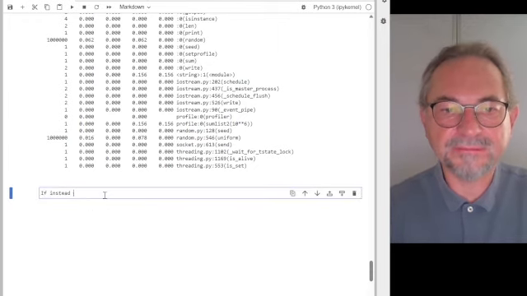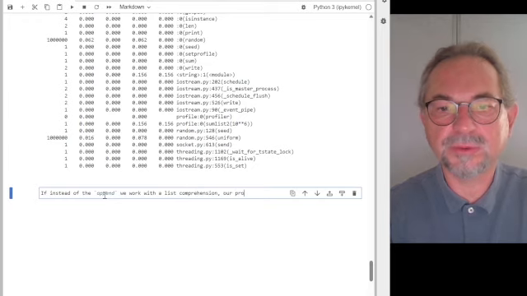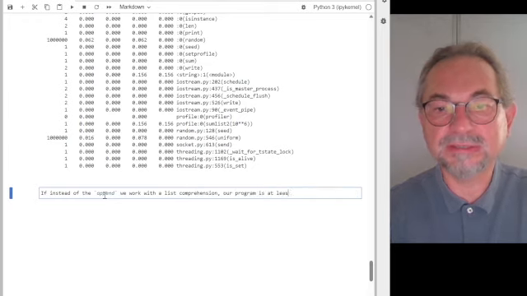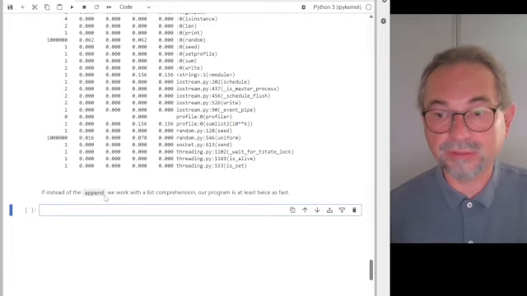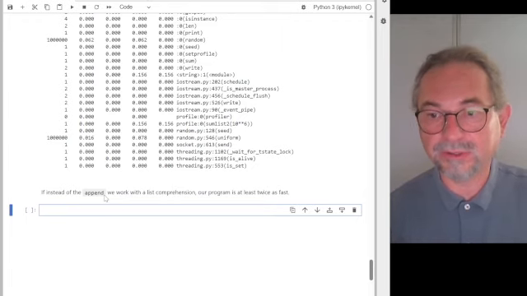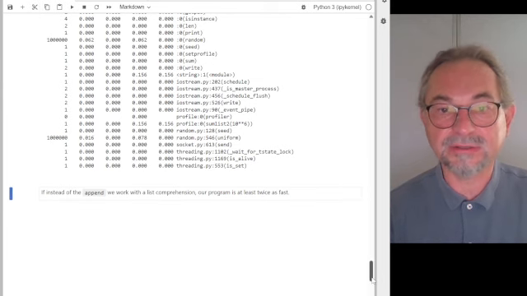If instead of the append, we work with a list comprehension, our program is at least twice as fast. Imagine we also are doing the sum of the numbers. So we're doing much more than just making the numbers.